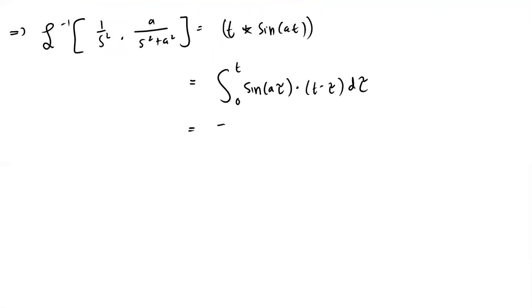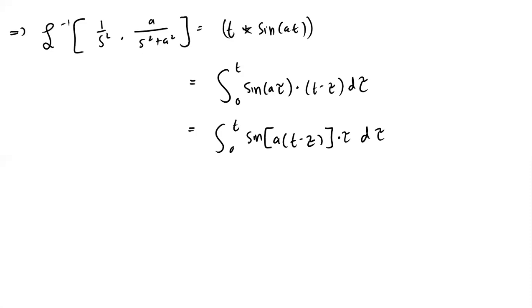So for example, this is exactly the same thing as saying sine of a times t minus tau. So now I'm putting the t minus tau in the sine function times tau. Again, it doesn't matter where you put the t minus tau because of commutativity.